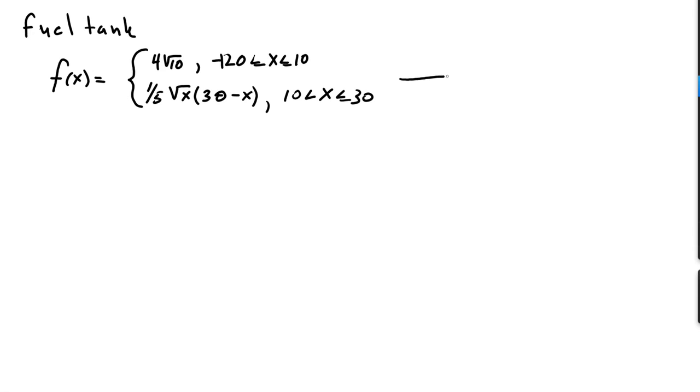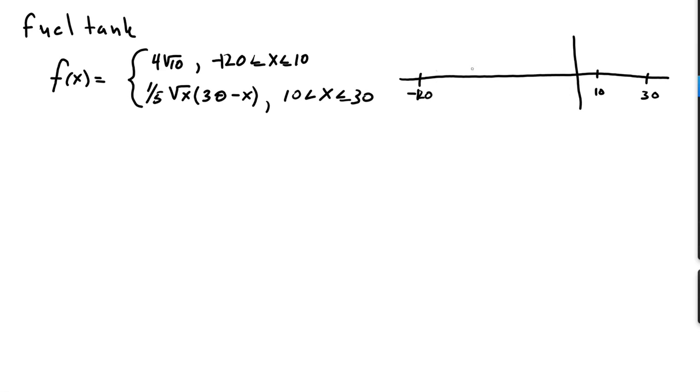Here's the shape of this fuel tank. So the two curves we're looking at go from -120 all the way to 30. The first part is just going to be a straight line, right?